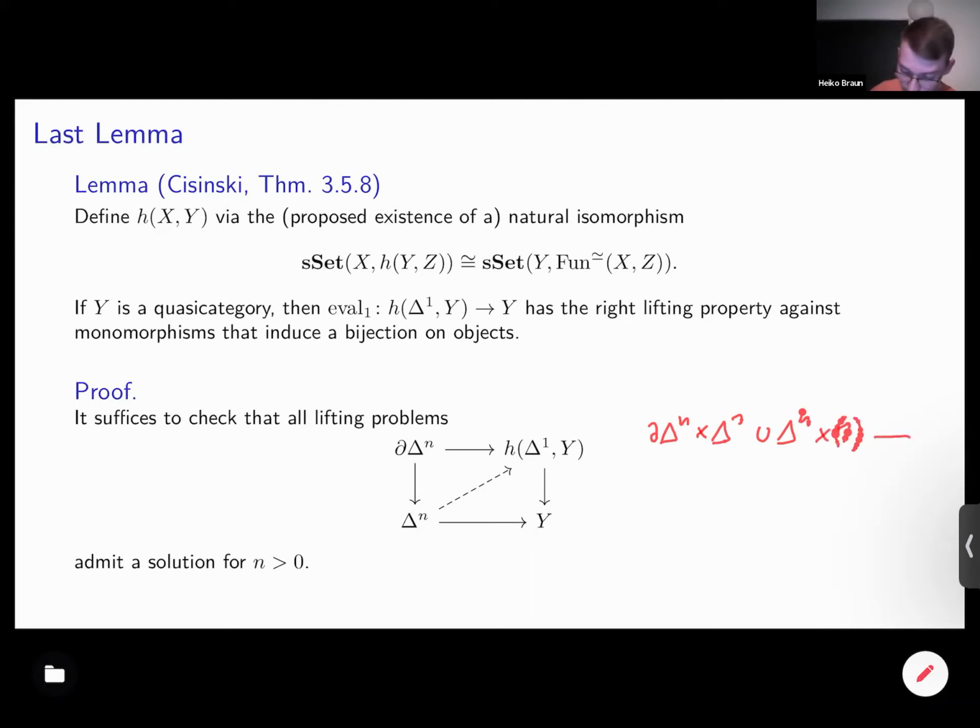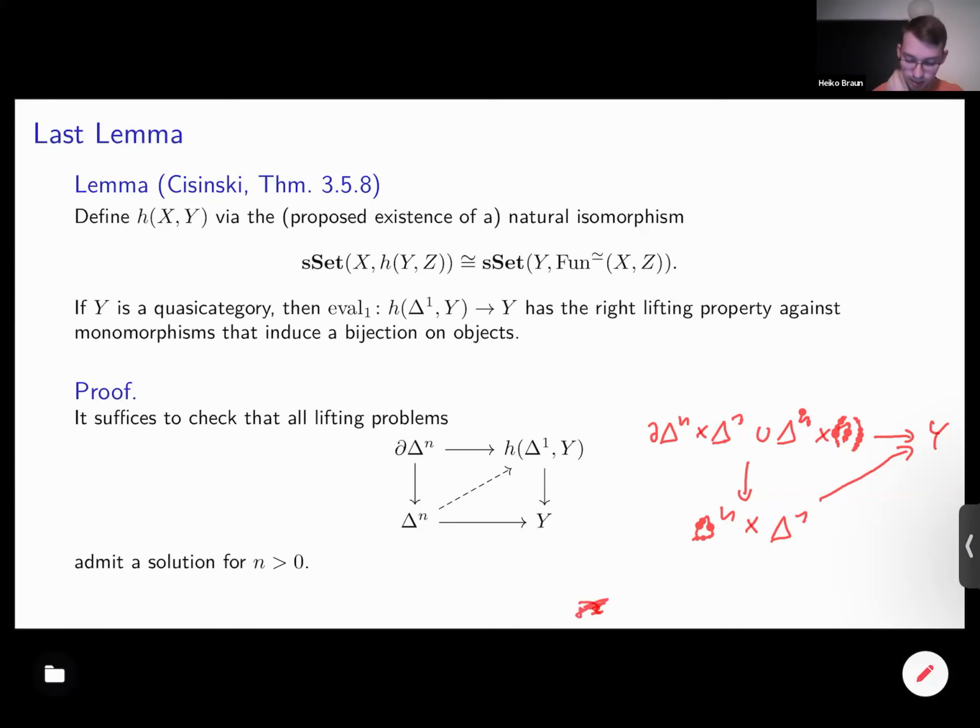So the last, the one object, one pointed set, then we go to Y, and then here it goes to delta n cross delta 1. So this whole thing will be the diagram and the lift we need to get.